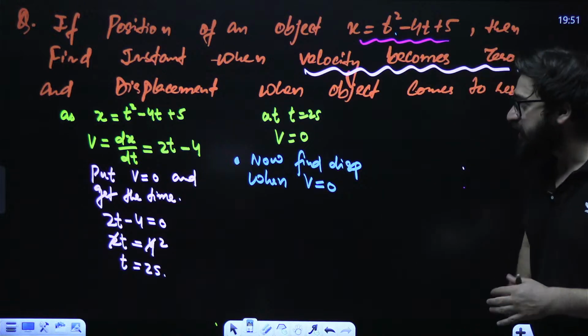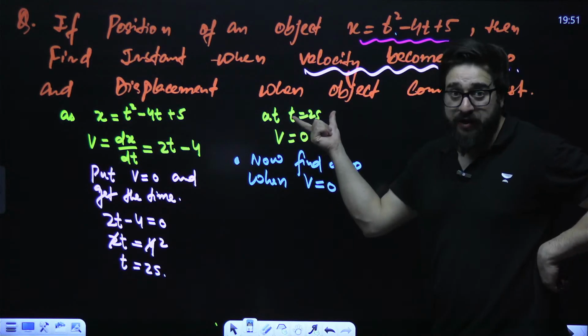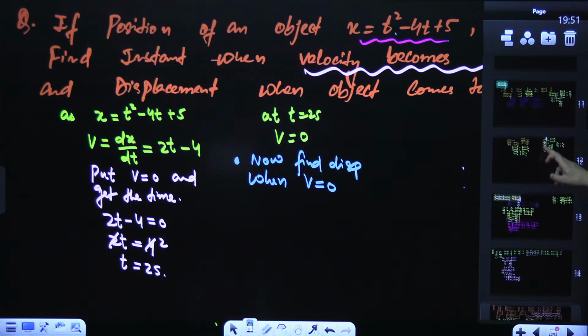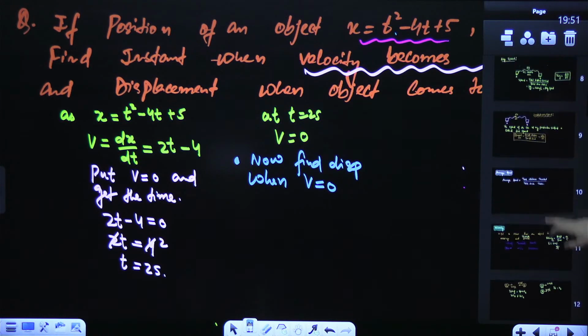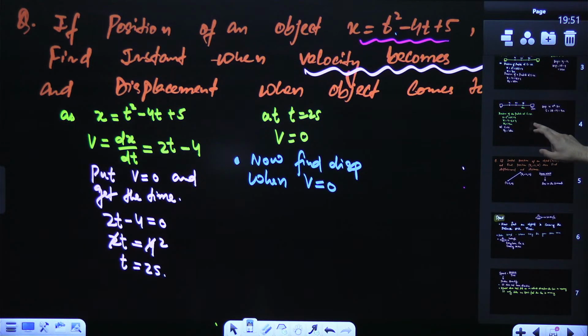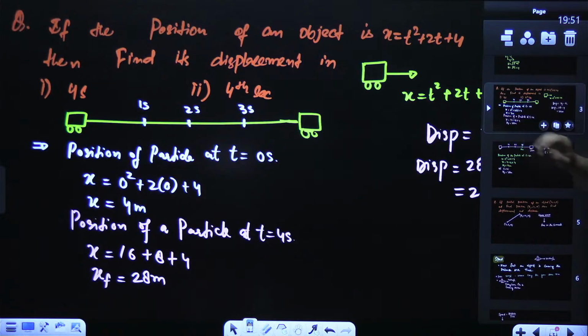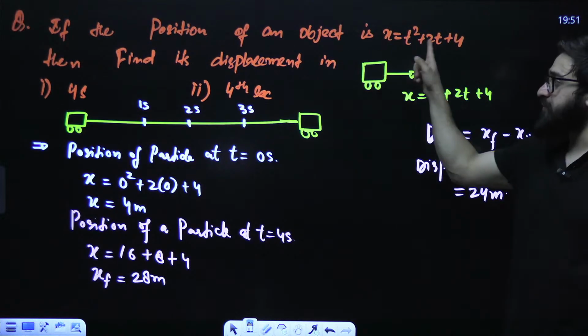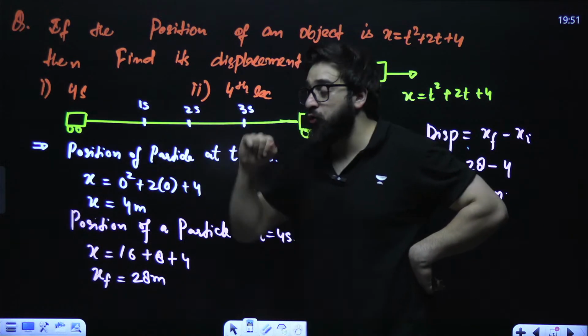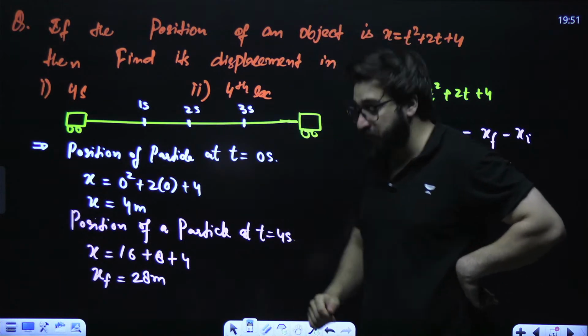Simple. Time t is given over here. I have shown you a similar type of question, if you remember. Here, I'm not going to repeat the question once again. The position-time relation was given and you were supposed to find the displacement in 4 seconds and displacement in the 4th second.